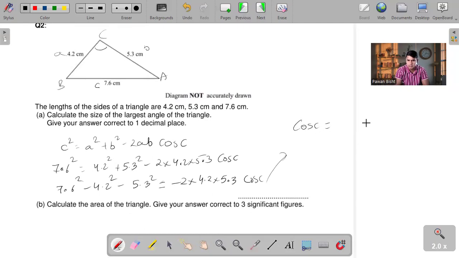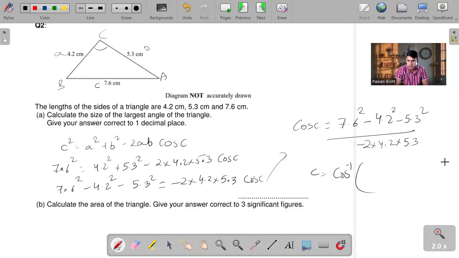So cos C is equal to 7.6 square minus 4.2 square minus 5.3 square whole divided by minus 2 times 4.2 times 5.3. So to find C, we do cos inverse of this whole 7.6 square minus 4.2 square minus 5.3 square over negative 2 times 4.2 times 5.3.